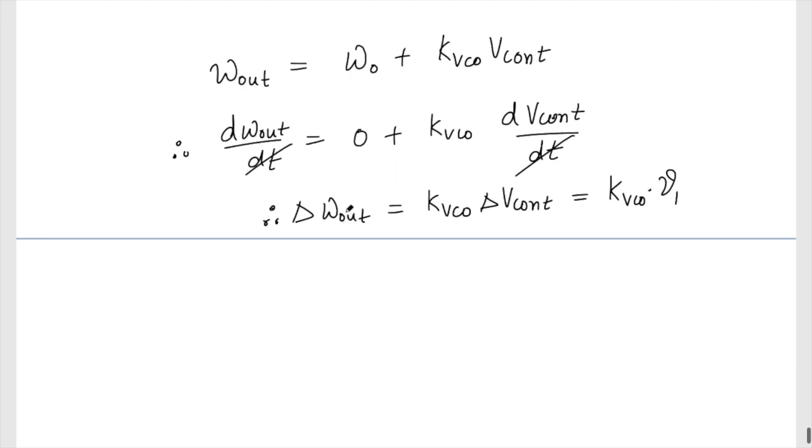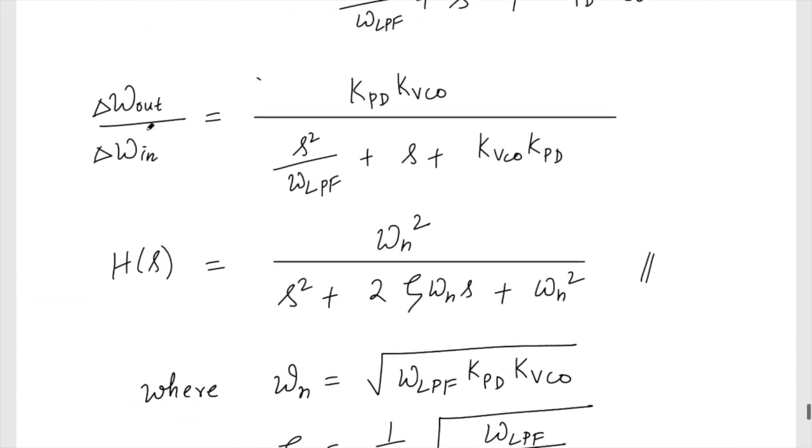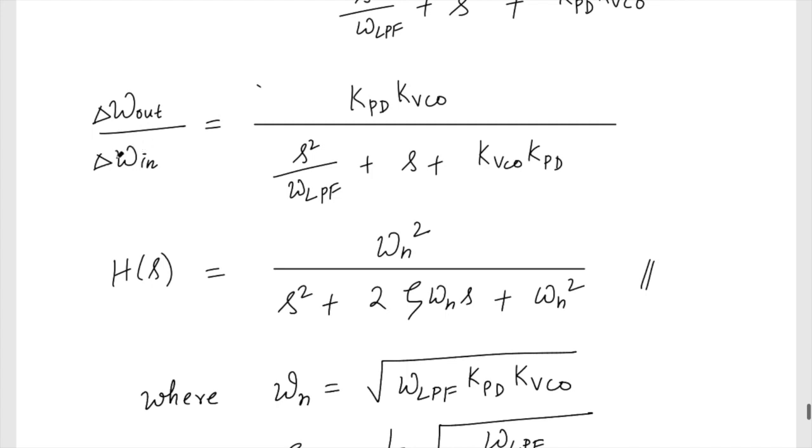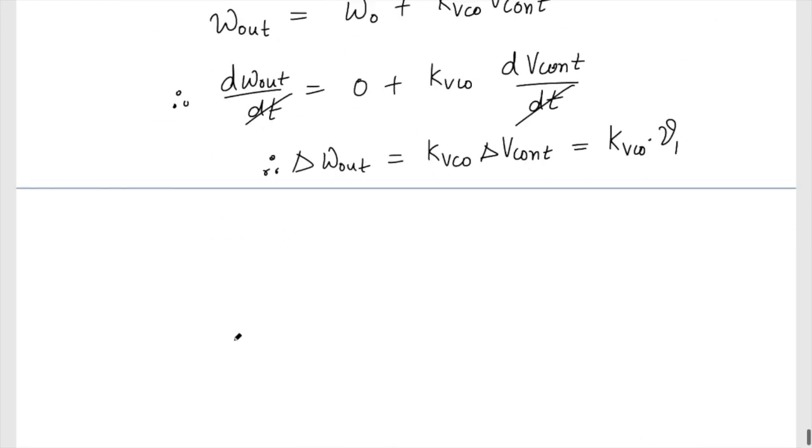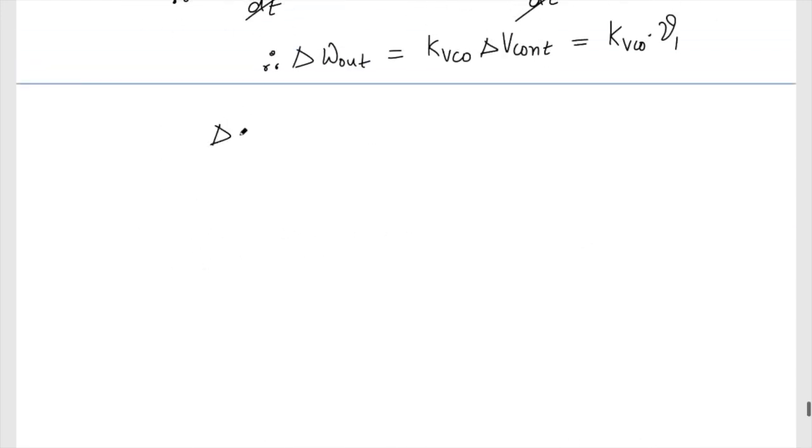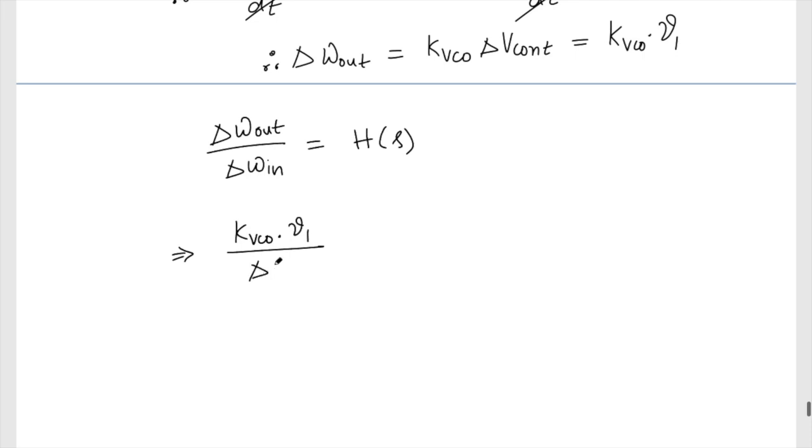Now if I substitute this omega out in the equation here, we know that delta omega out by delta omega in is equal to HS. I can substitute this one with this one, so KVCO into V1 by delta omega in is equal to HS.